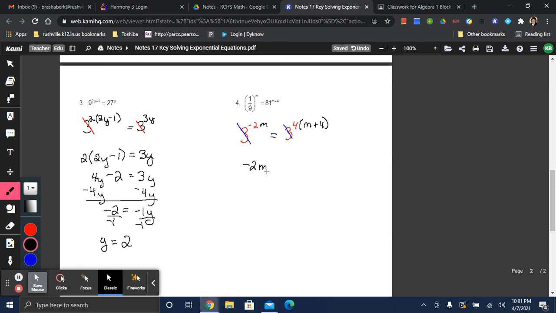So negative 2m would equal 4 times the m plus 4. And so negative 2m would equal 4m plus, and then 4 times 4, 16. I'll subtract 4m from each side.